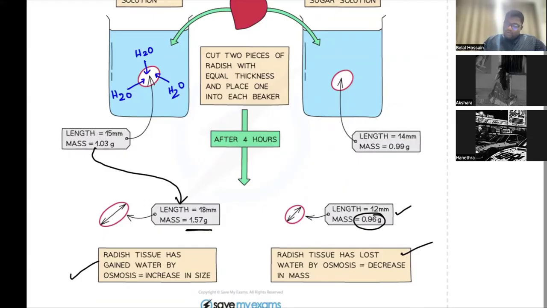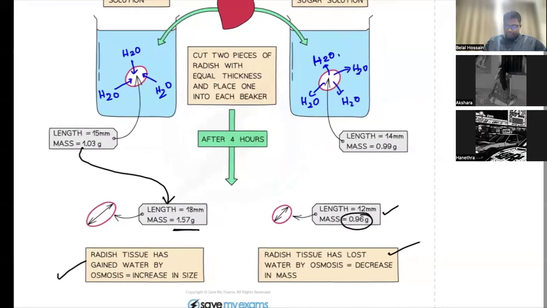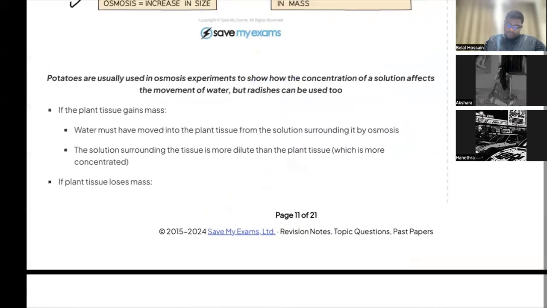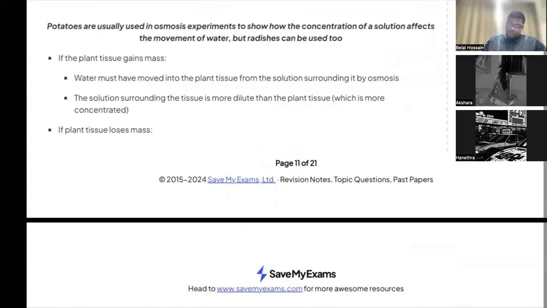Whereas in the other situation, water moved out of this radish because the outside had a high concentration of solute or low concentration of water. Did you understand the explanation? Okay, great.